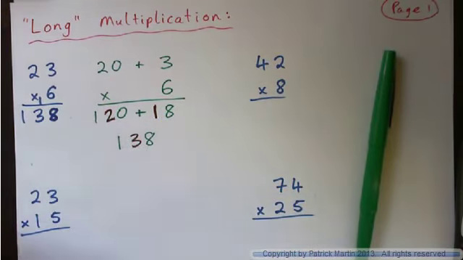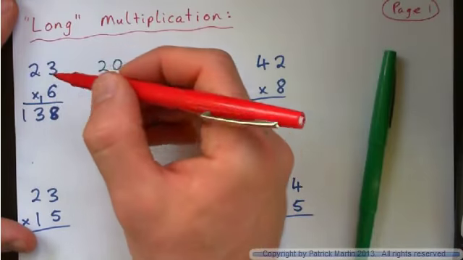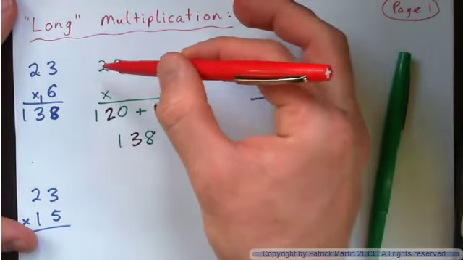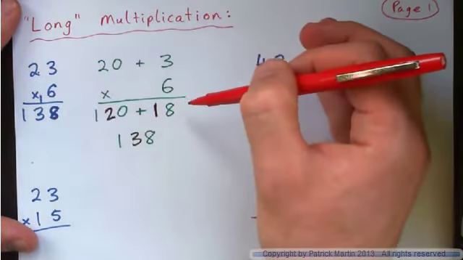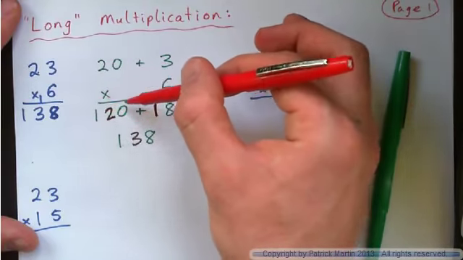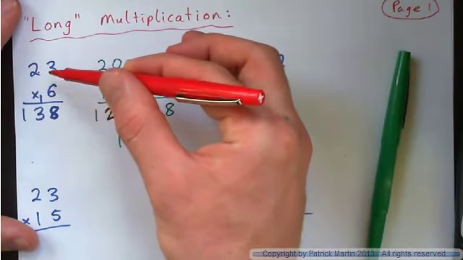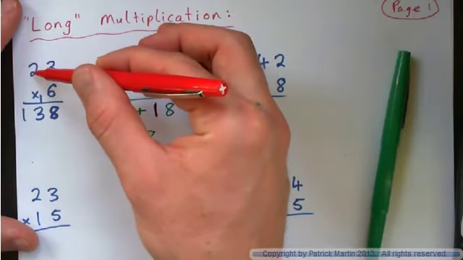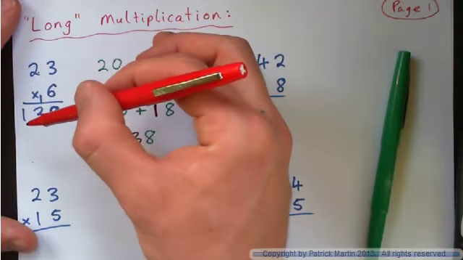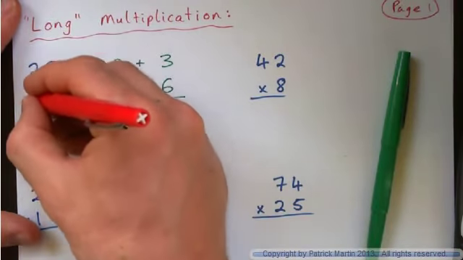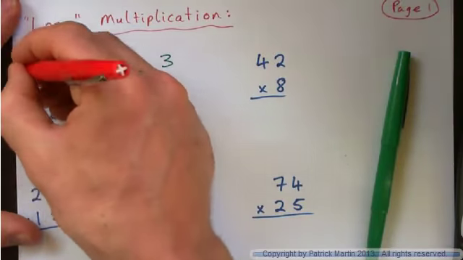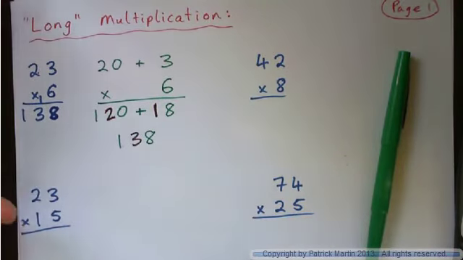And when I went 6 times 2, this was in fact 6 times 20. 6 times 2 is 12, well, it's actually 6 times 20 is 120. So that's what you're really doing. You're going 6 times 3 units is 18, but 6 times 20 is 120. And in any case, you've got units, tens, hundreds, and the like terms are matched up, right?